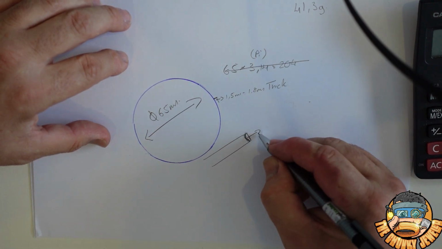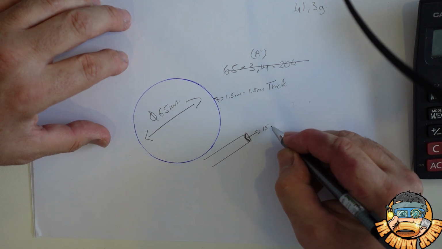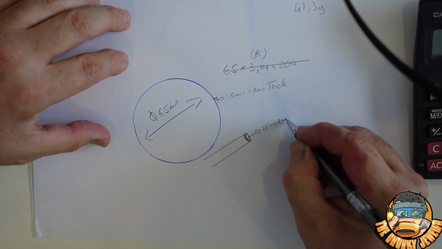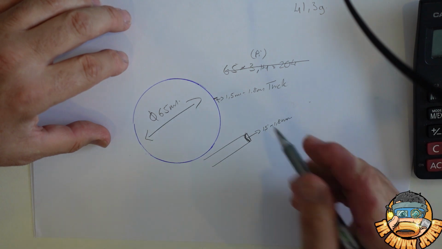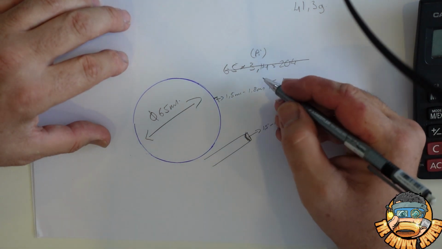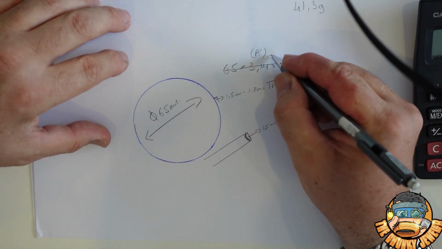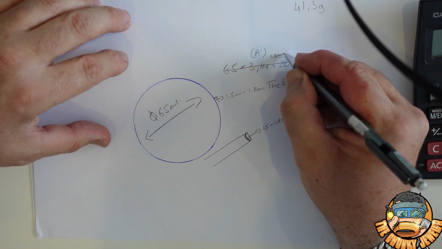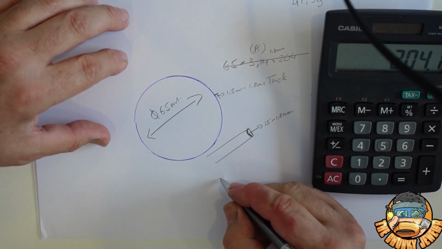And we want that thickness to be 1.5 to 1.8 millimeters. So what we can do is do that again. We'll just add 1.8 millimeters there.